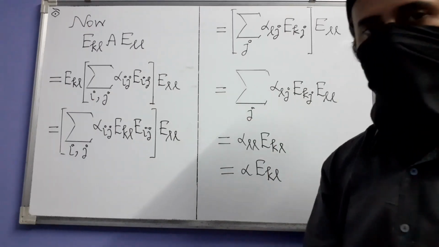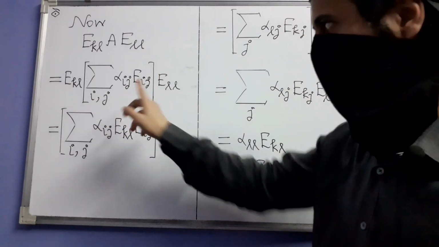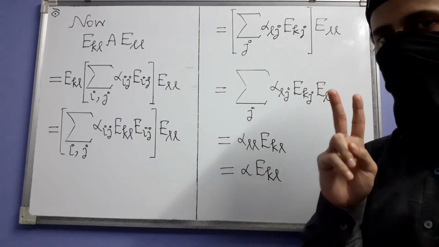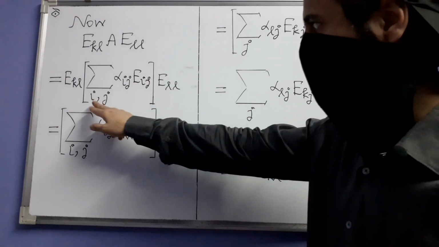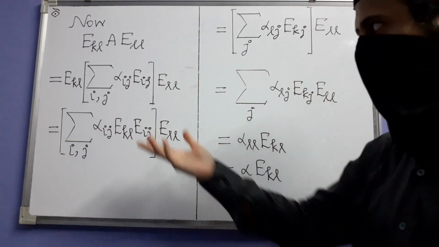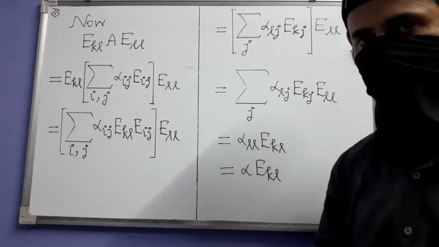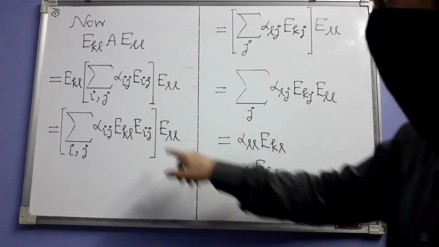It is just this, and in this you understand that this I and J are two independent indices, so it's a double summation actually. They vary, both of them vary from 1 to n independent of each other, and accordingly you have n square terms in this linear combination.